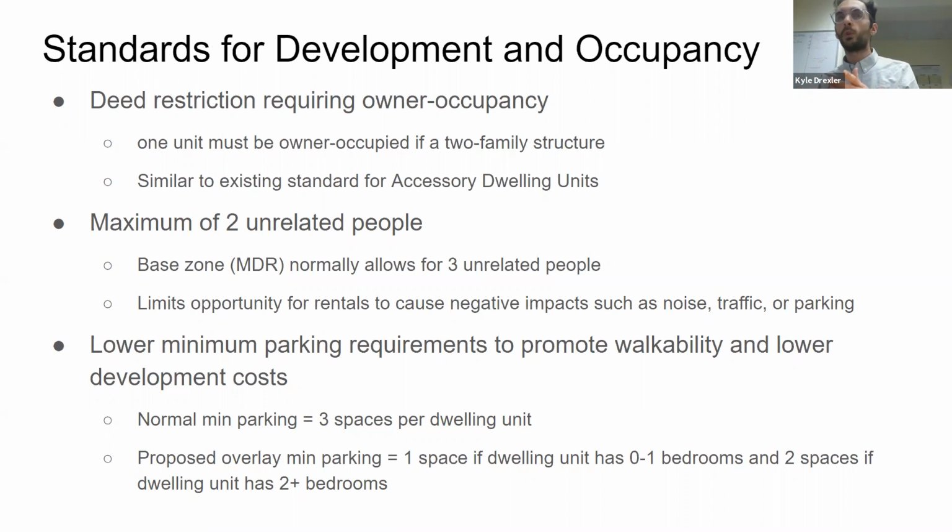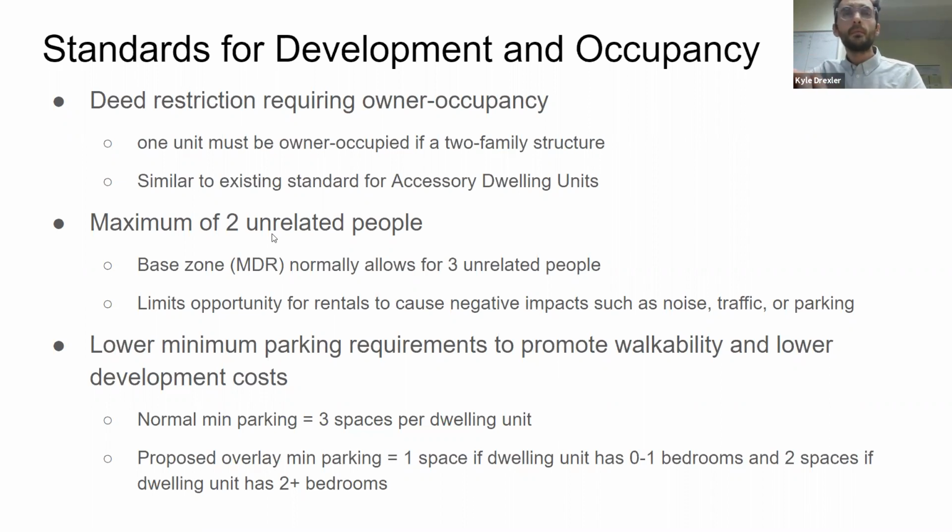So a normal rental in the MDR right now can have 3 unrelated people. So maybe you have a brother and sister, that counts as 1. And then you have 2 other people that they know. So you have 4 people in the house, but 3 unrelated people still.